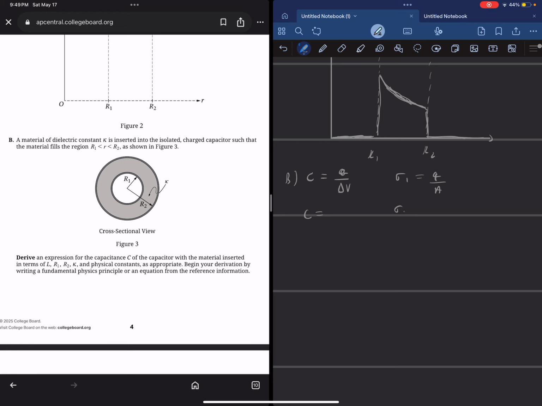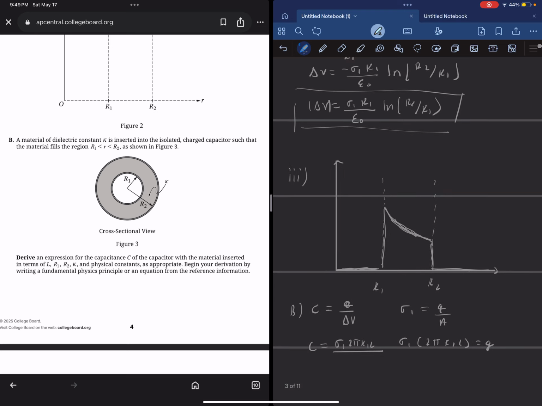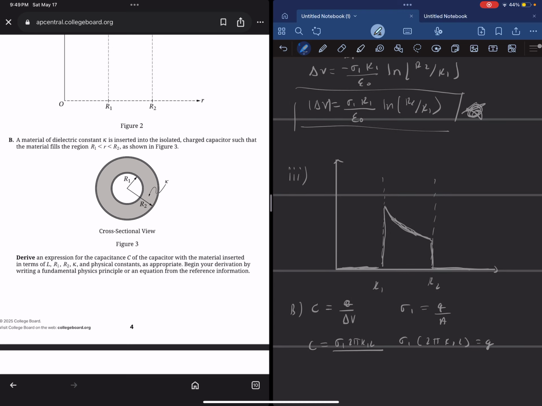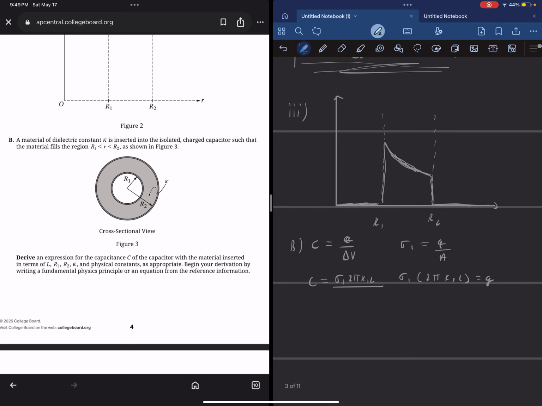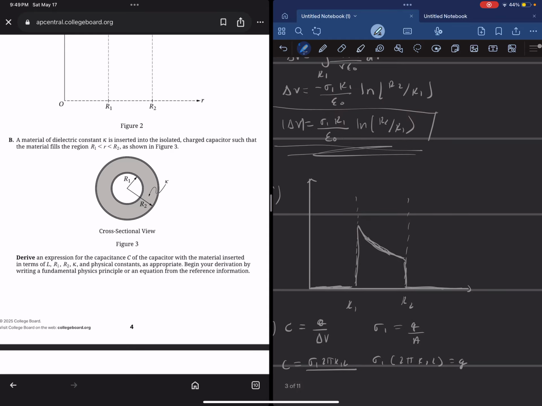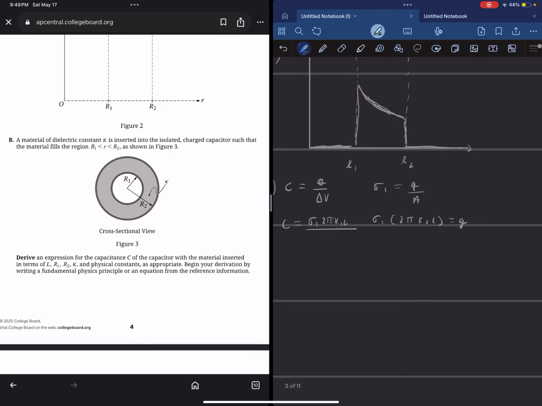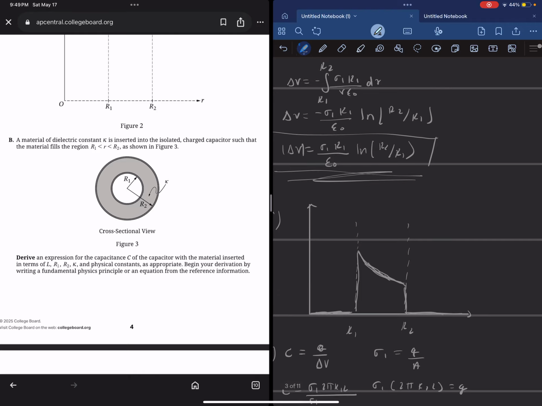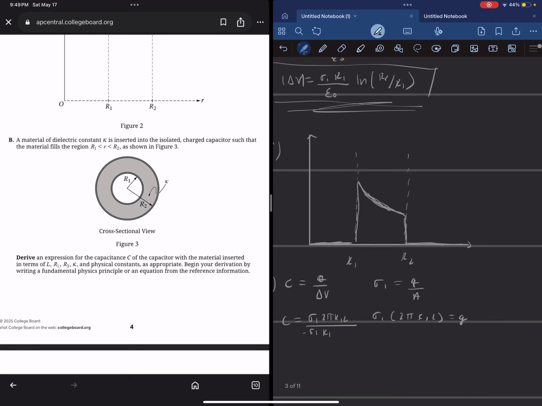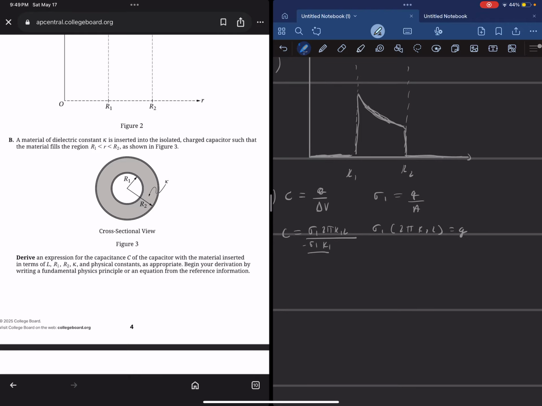So sigma 1 times 2 pi R1 L equals your Q. So that's just sigma 1 2 pi R1 L, divided by this expression, your change in potential, right? And so that would be negative sigma 1 R1 over epsilon sub 0 natural log R2 over R1.